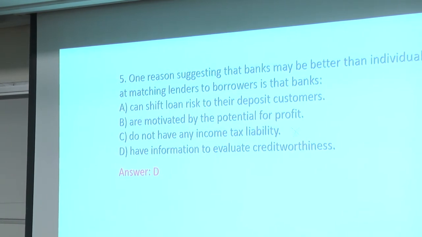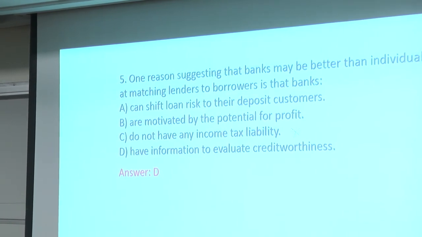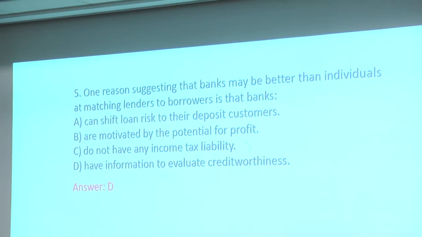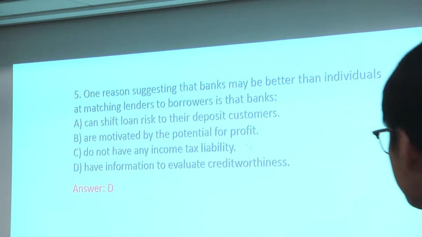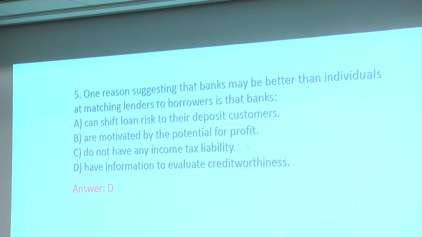They have a whole team of firm evaluation, and they can go in and evaluate. That takes a lot of time if you want to do it individually. So the bank has more information to evaluate the creditworthiness, and there's also trust on both sides in using a financial institution. So here the answer is D.